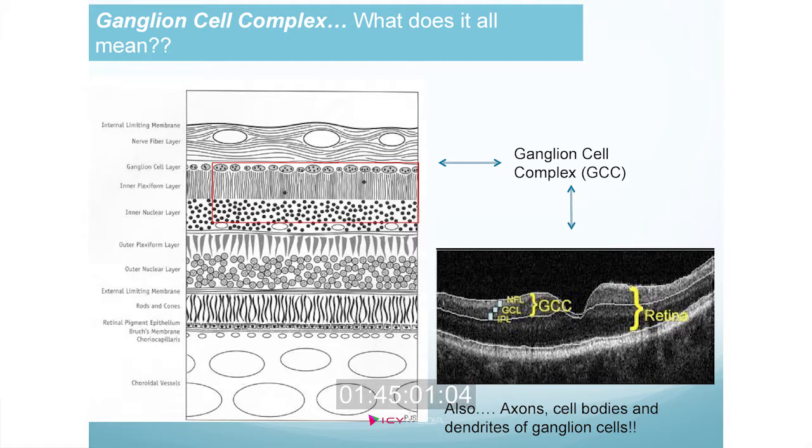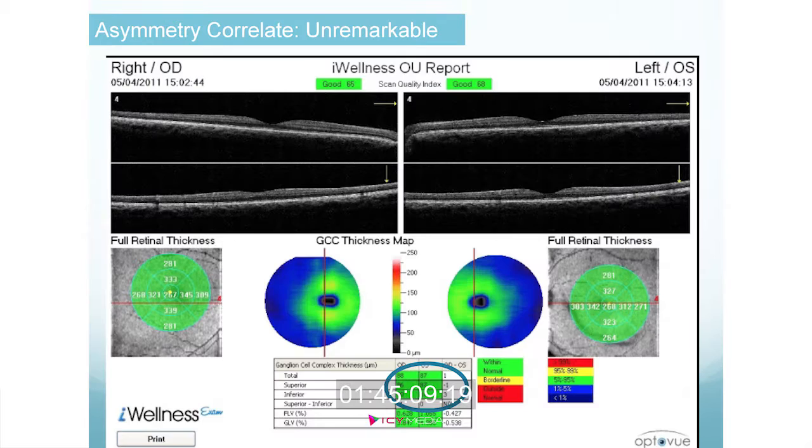But interestingly enough, in this patient, the eye wellness exam is not identifying a problem with the ganglion cell complex. So we talked, again, this is just a schematic of the ganglion cell complex, and again, it's not being affected in this patient, even though we're suspecting an optic nerve head disorder.